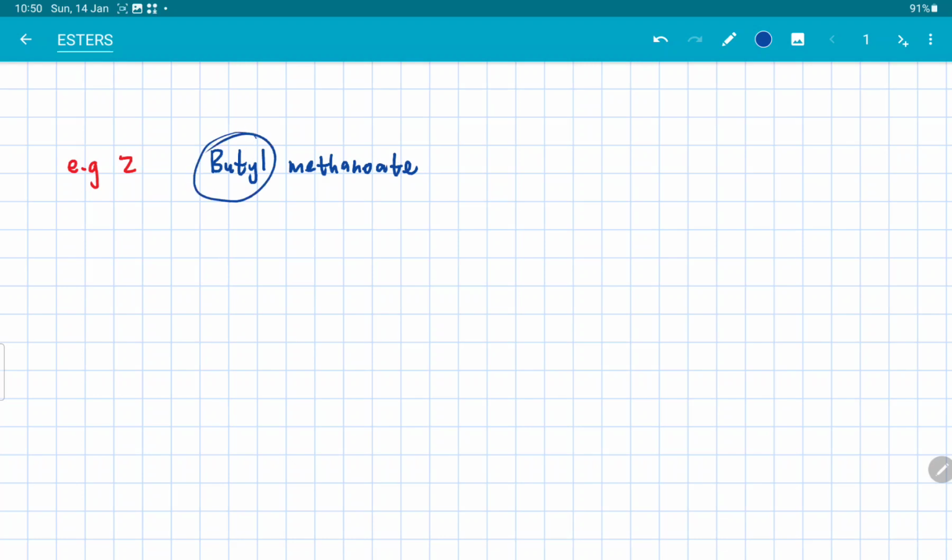So the butyl will be the alcohol part. Remember, that alcohol part will be butanol, or butan-1-ol. So this is made from butan-1-ol. So it means that here there was butanol, OH.